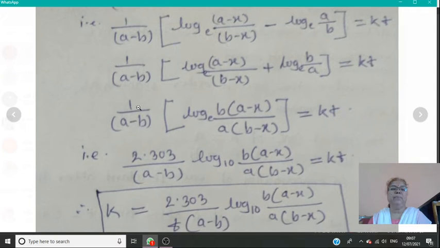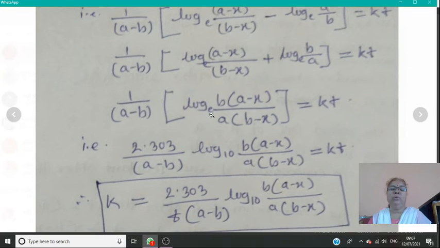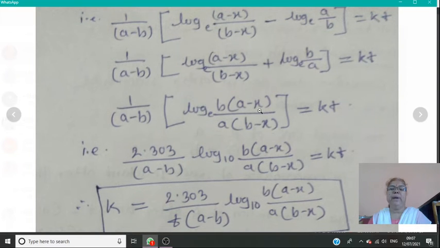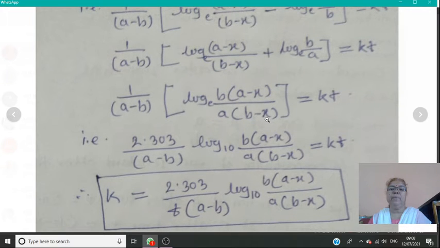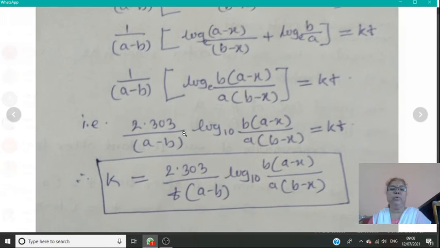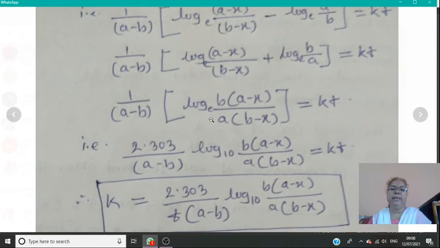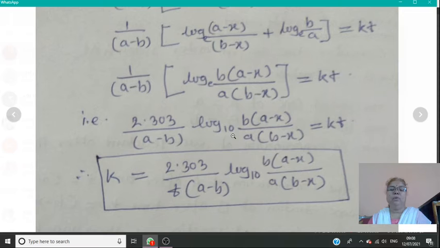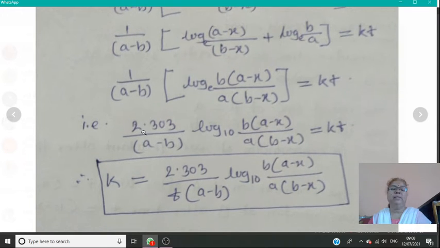Therefore, our equation becomes 1 upon a minus b into log to the base e of b in a bracket a minus x upon a in a bracket b minus x, equal to kt. Changing this log to the base e to log to the base 10, we have to multiply by the factor 2.303.